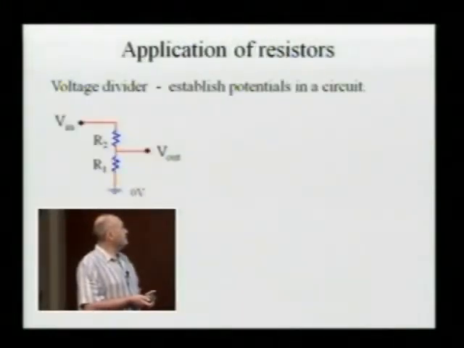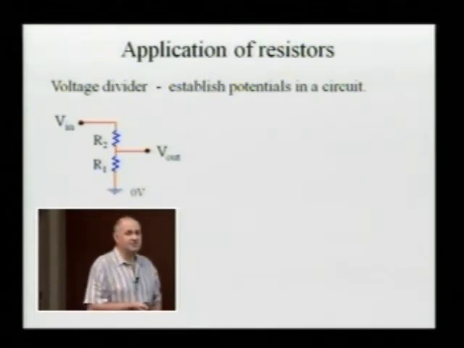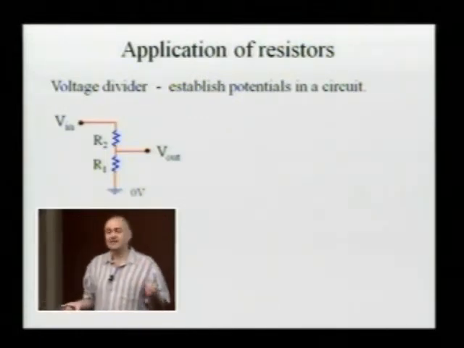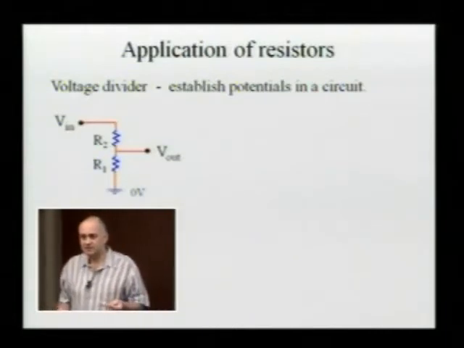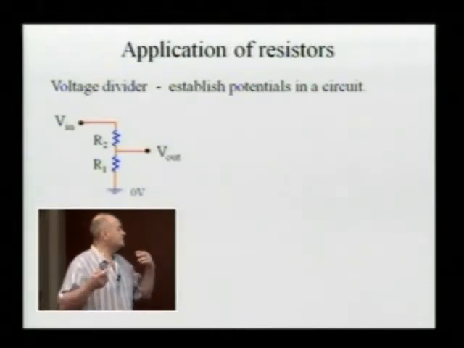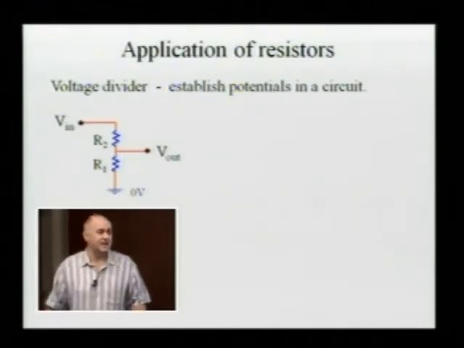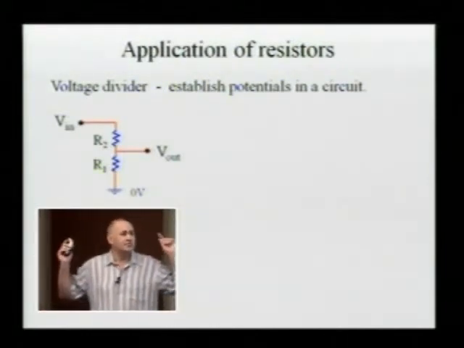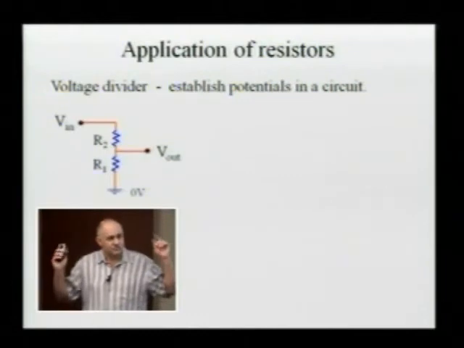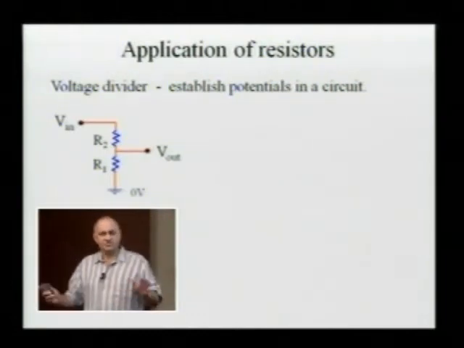This connection is actually quite important in a circuit, and I wanted to bring up some applications of resistors. The most common application of resistors in a circuit is to establish potentials in the circuit for other devices, something like integrated circuits, transistors, thyristors, and so on.